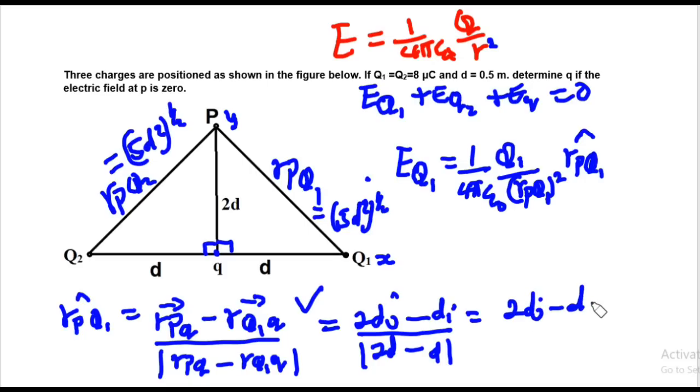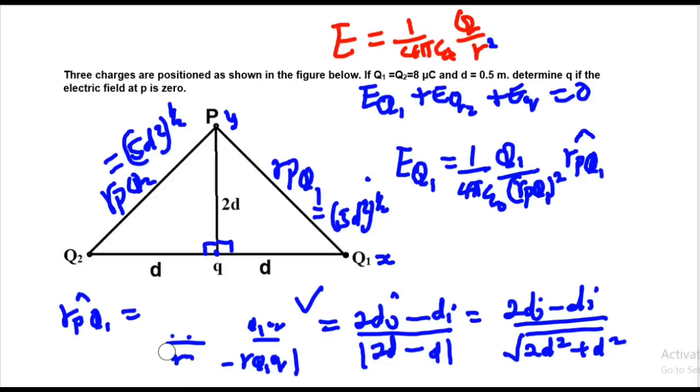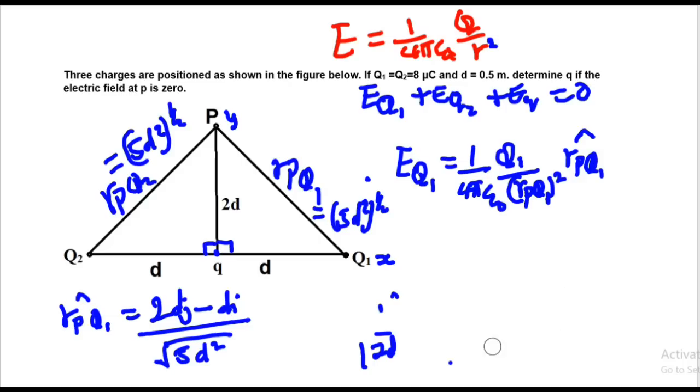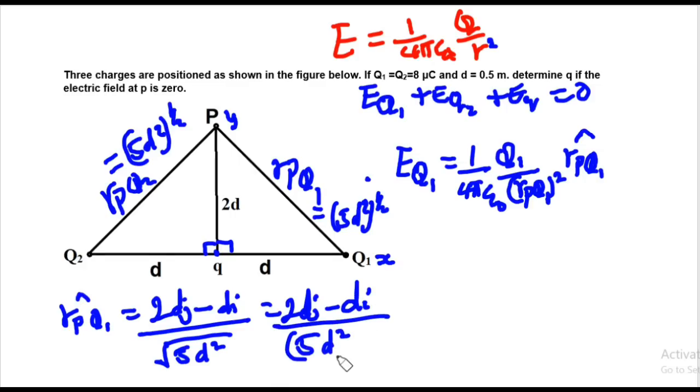Once we do this, we have 2D j minus D i upon the magnitude, which is the square root of 2D squared plus D squared. This is the square root of 5D squared, which we can compress to 5D squared all to the power of half.